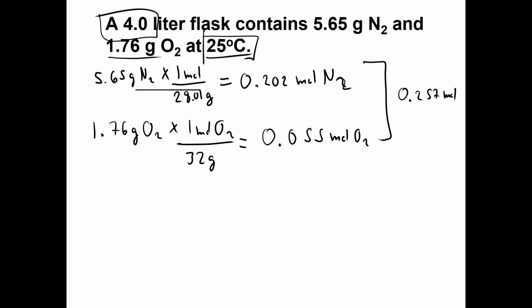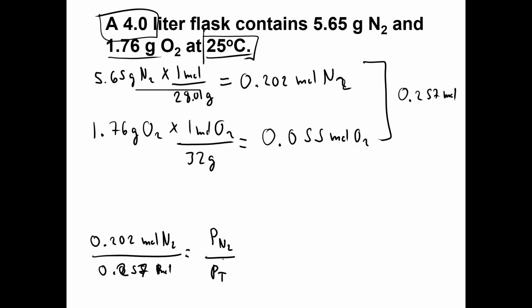So I can then calculate 0.202 moles of N2 divided by 0.055, sorry, it's total, of course, 0.257 moles total. That gives me a mole fraction, and that mole fraction is going to be equal to the pressure fraction, okay? So the pressure of nitrogen over the total pressure.